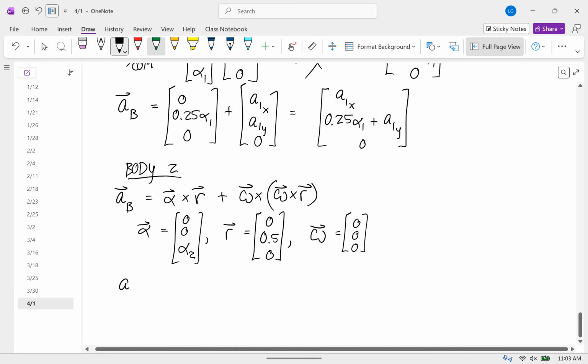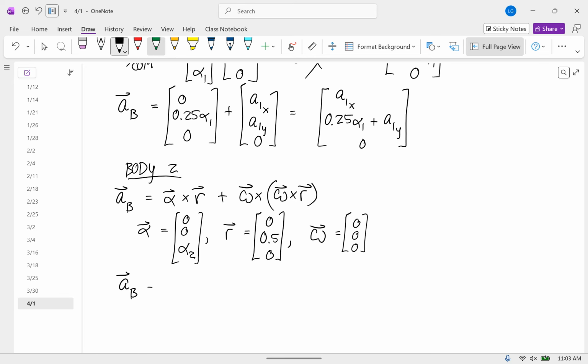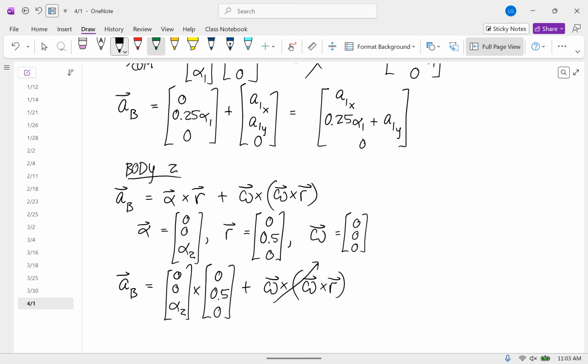And so the acceleration of B is 0, 0, alpha 2 crossed with 0, 0.5, 0, plus this piece that goes away. And so you get negative 0.5 alpha 2, 0, 0.